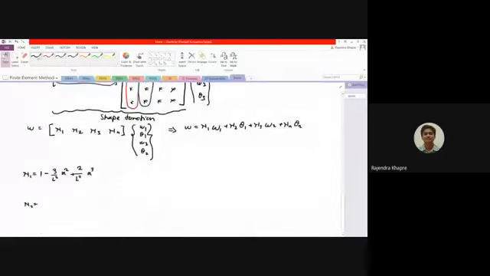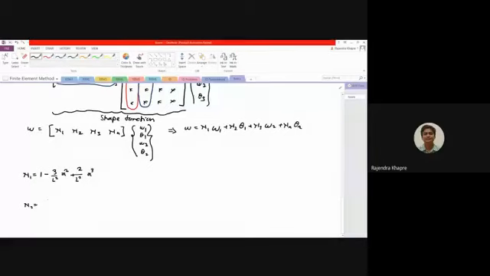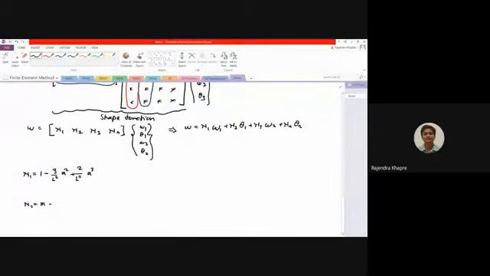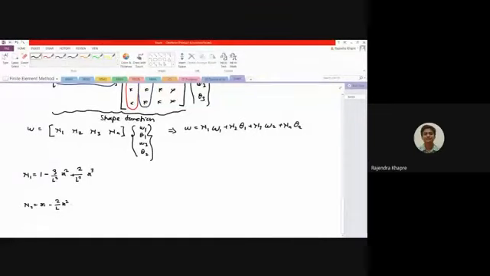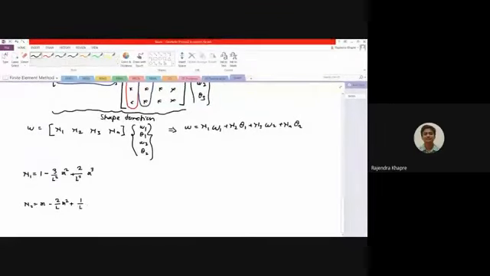Similarly, now you can write the value of N2 also. Your N2 value comes out to be something like x minus 2 upon L into x square plus 1 upon L into x to the power 3.